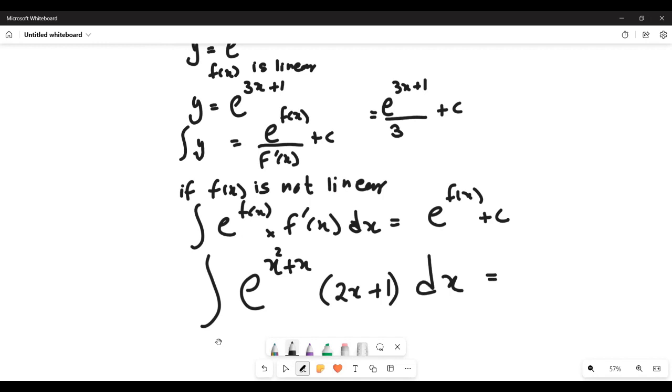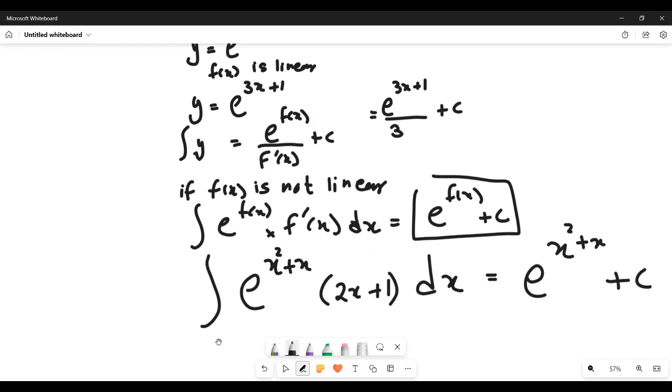So now the integration of this would be e power fx plus c. So it's going to be e power x square plus x plus c. If this is not there, then you cannot integrate e power x square plus x.